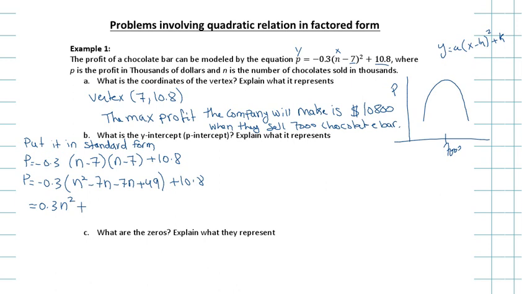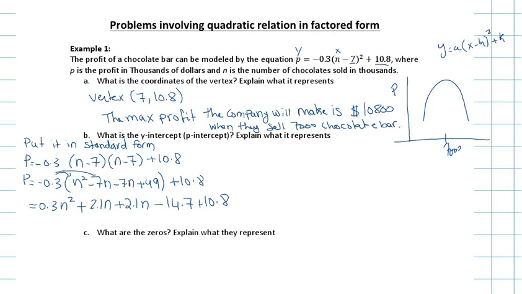It's 2.1. What's 49 times 0.3? It will be 14.7. So what I did here is I distributed, so I multiplied that negative 0.3 in.